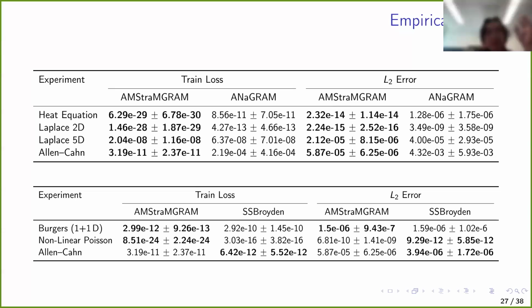I have a question. Hello, I'm Young-Kyu Lee, a postdoc working with George. Thanks for a nice talk. I have a simple question for AMStraMGRAM. To get machine accuracy or to prevent numerical difficulties, you cut off the singular values.